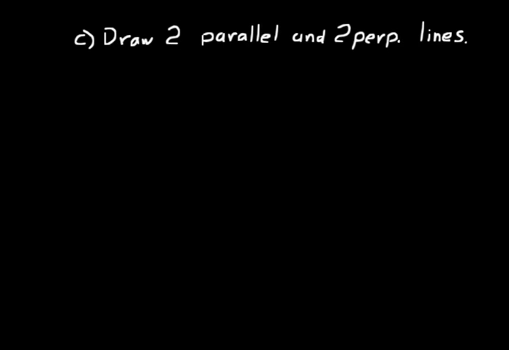In practice problem C, I want you to draw two parallel and two perpendicular lines. So just pause the CD and draw those, and just want to make sure you know the difference between those, what those mean. So two parallel lines would just be like this, and just showing that they're not going to intersect.